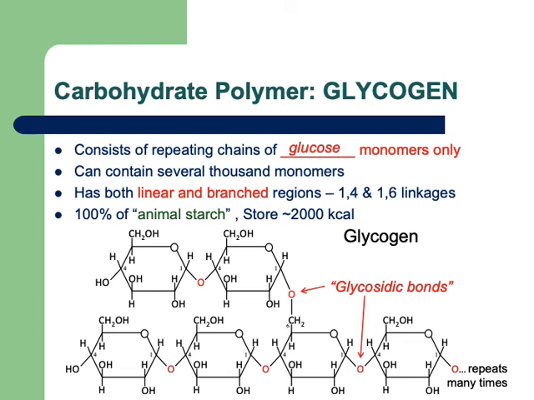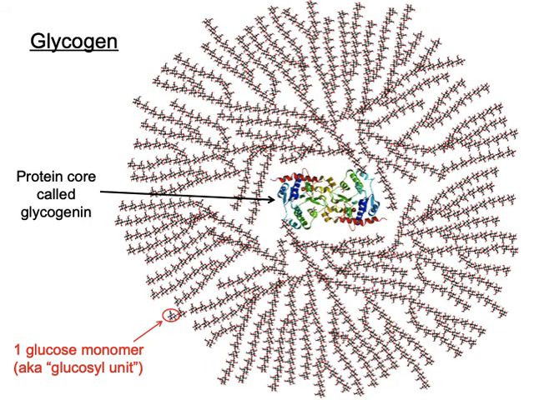Glucose is the only nutrient that can pass the blood-brain barrier. So your brain runs on glucose, on this monomer, and so we need it in our body to maintain the functionality of our brain.